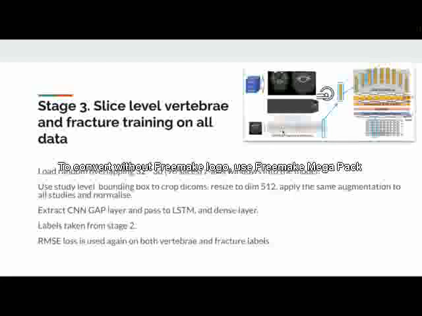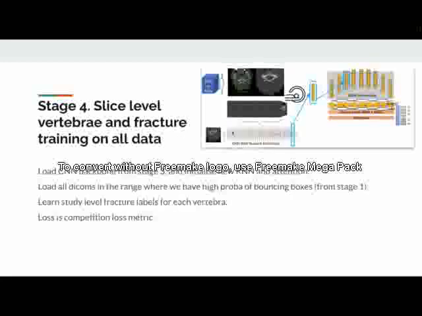And what we do in the next stage is we take the previous stage's CNN, we load that in here to this model, and we initialize a new LSTM and attention layer, and we learn on the study level fractures for each vertebrae, as well as if there's a fracture at all in the study.